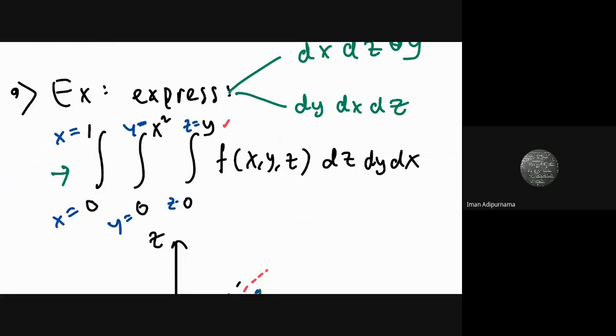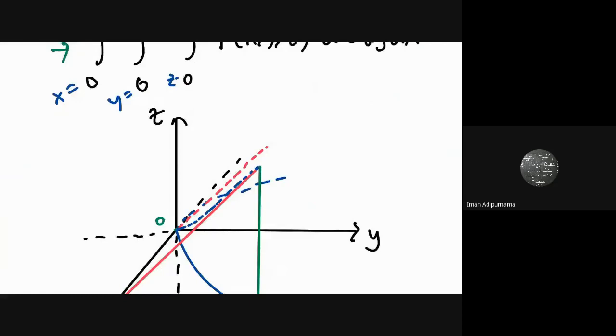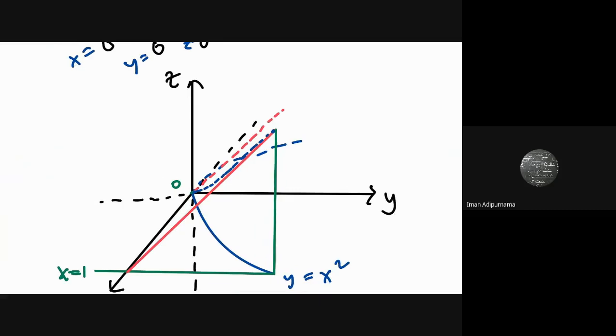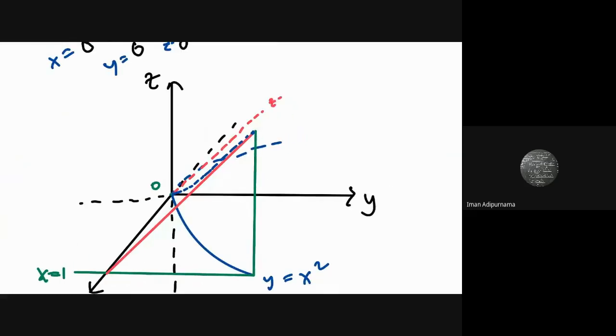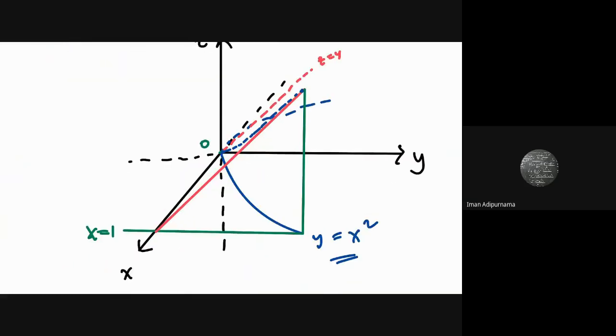Imagine z equal y is a line, but then you need to treat that line as a plane that cuts out all the sections. So this is actually z equal y here, but it will be a plane that you can see will cut out all the x-axis. It's cutting here, right?